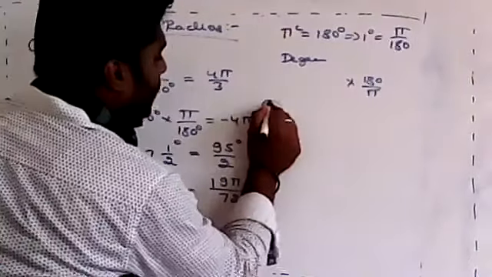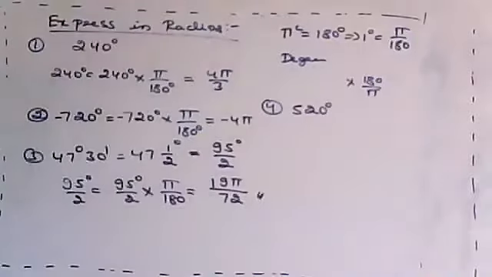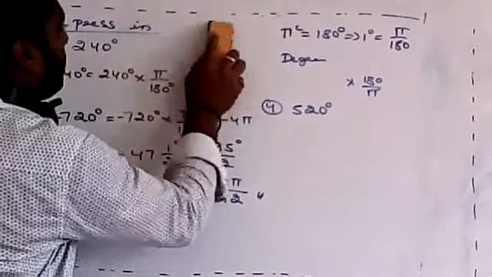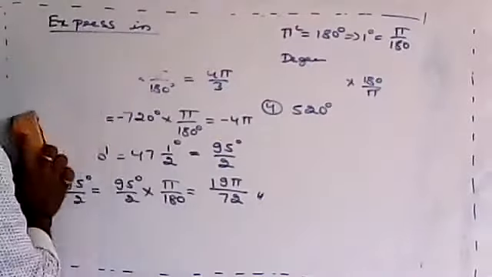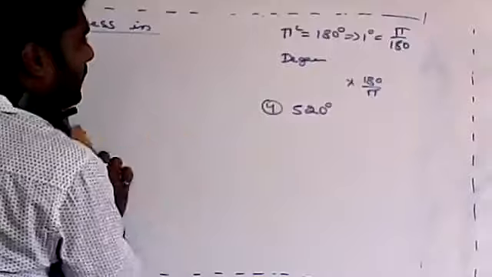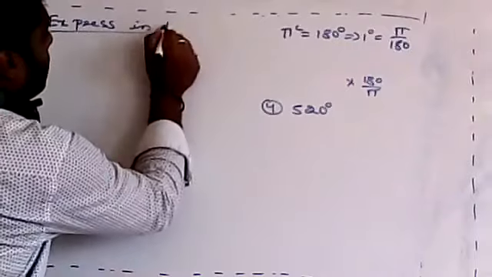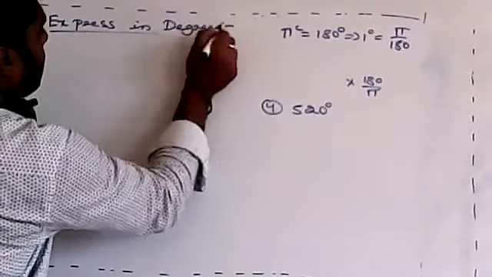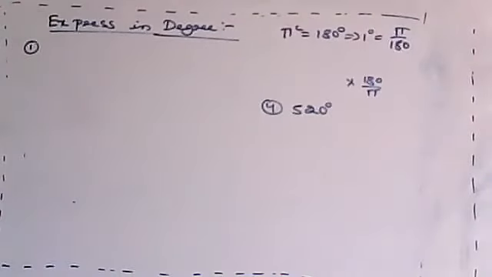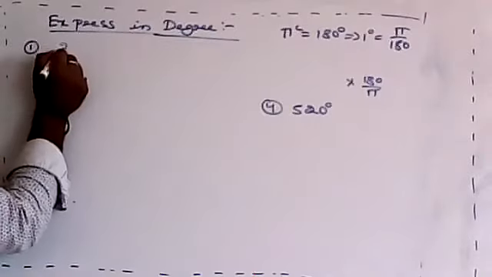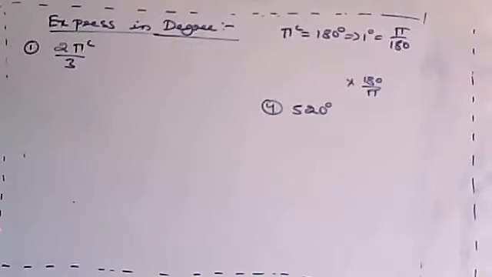One more problem I'll give you. Just tell me the answer for this one, fourth one. 520 degree. Quick, 520 degree. 26 pi by 9.